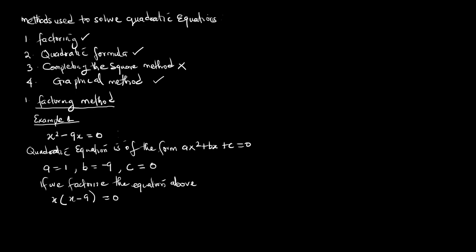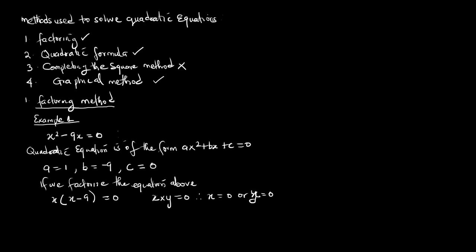So in other words, it's almost similar to saying, okay, x times y is equal to 0. What this implies is that either x is equal to 0, or y itself is equal to 0, right?